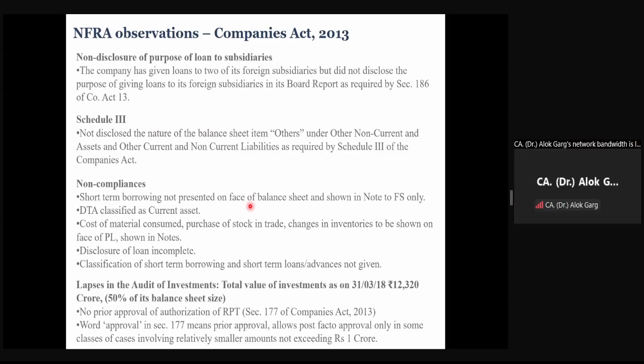The company knows that whatever loss I made last year has already been wiped off, set off in the first 6 months. And I will even have a huge profit this year. So the management is saying to the auditor, see, my deferred tax asset, which you recognized in the 31st March balance sheet, will be reversed next year.